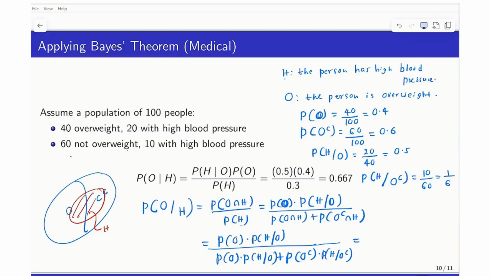Then we can substitute each value into this expression.